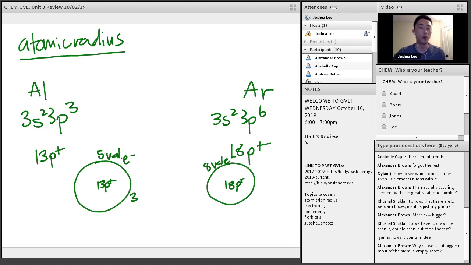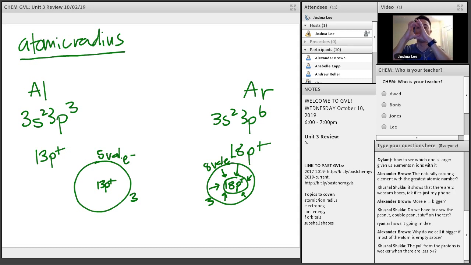What's happening is they're both in that third energy level, and these 18 protons are trying to pull those electrons a little bit closer to them because protons and electrons attract each other. So that third energy level is actually going to be a little bit smaller because those 18 protons are going to be doing a better job at pulling in those electrons.